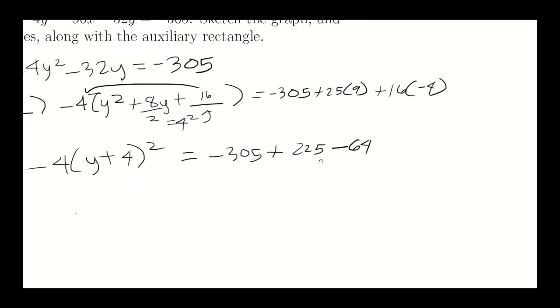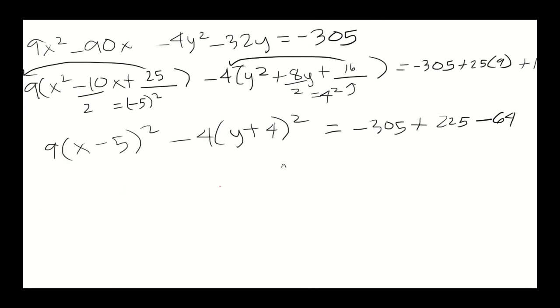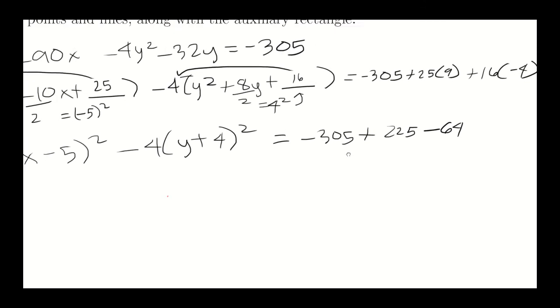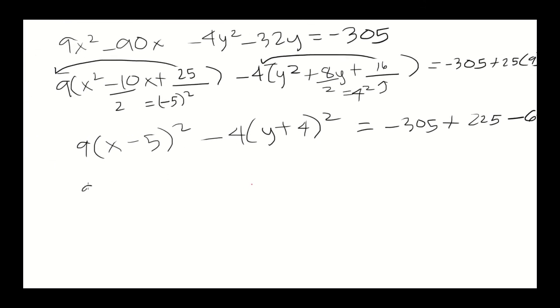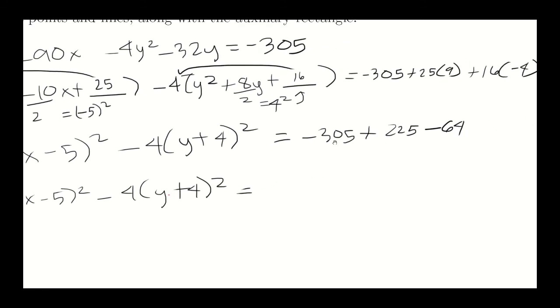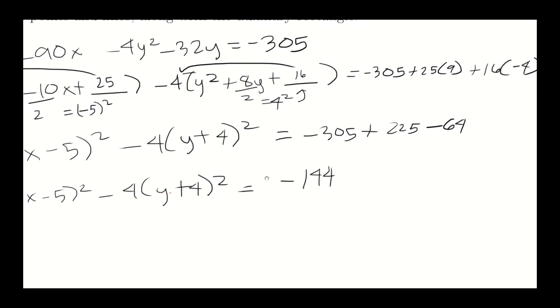And then if we add it all, we write this again: 9(x minus 5) squared minus 4(y plus 4) squared equals negative 305 plus 225 minus 64, which is negative 144.